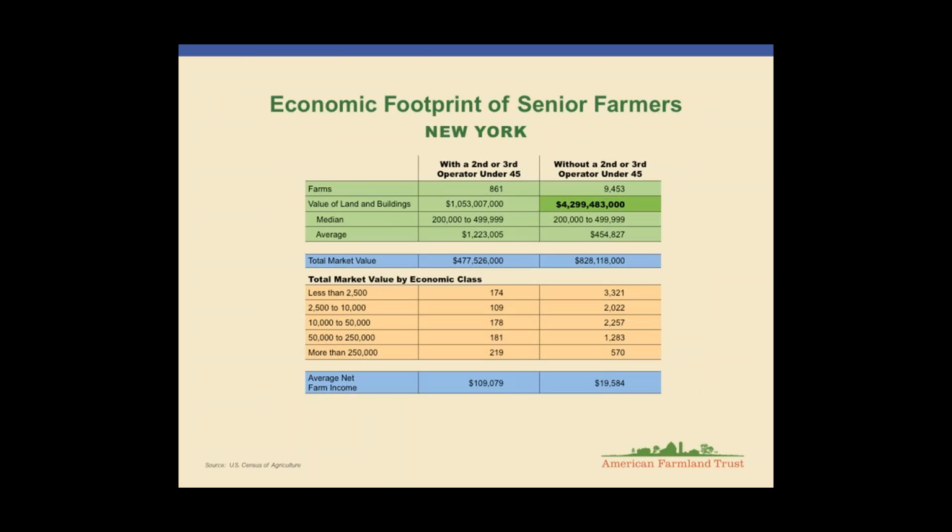I don't remember off the top of my head whether the data that we got back would allow us to look at the amount of off-farm income. It depends on what charts they ran for us using this filter of without second and third operators. So I'd have to go back and check, but I will certainly find that out.